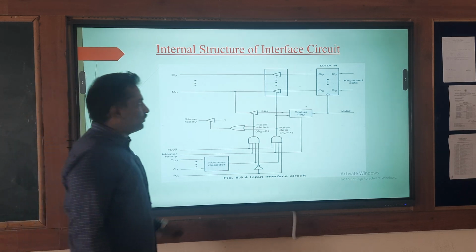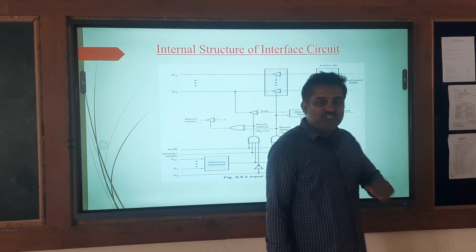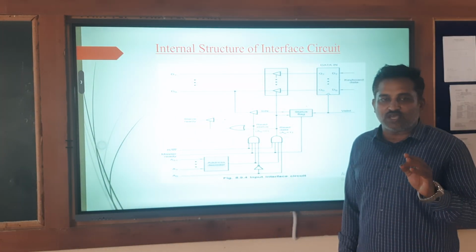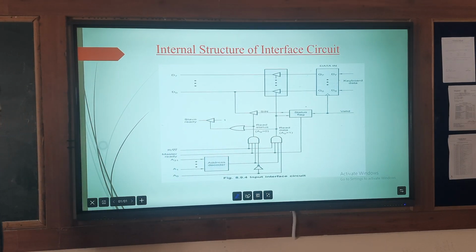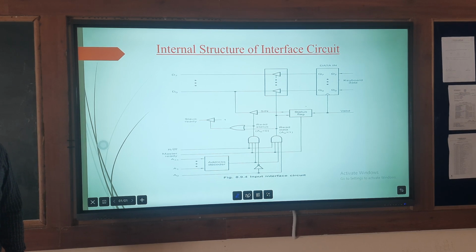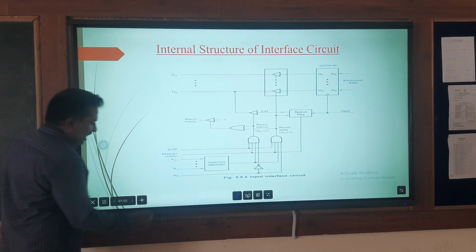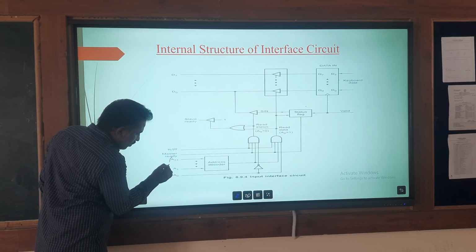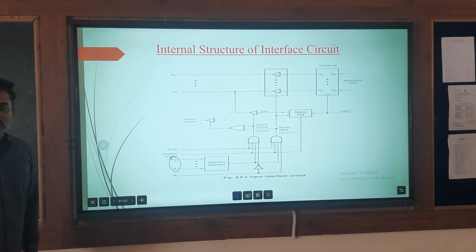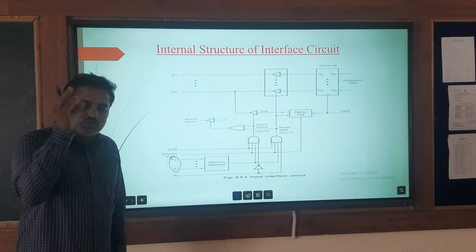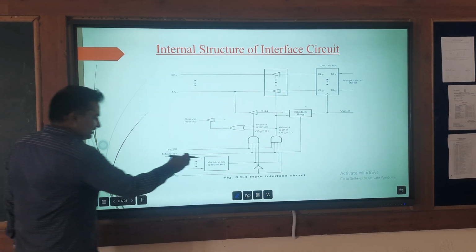Internal structure of interface circuit. This is very important from the examination point of view. See my dear friends, here I am going to consider a 32-bit address. Out of those 32 address lines, I use only 31 lines, A1 to A31, and these lines are used for assigning the address.